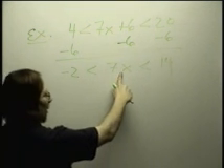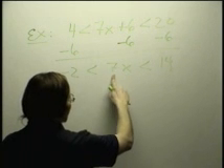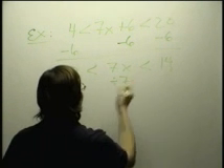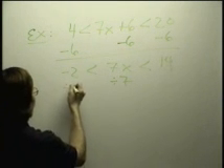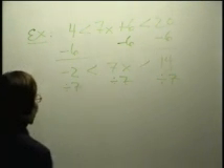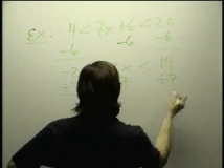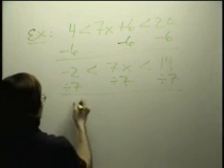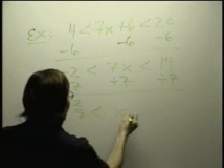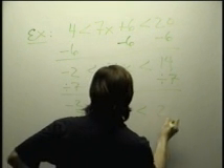Now again, here's my x. I'm trying to isolate it. It's multiplied by 7, so I've got to divide by 7. Meaning I'm going to have to divide all 3 parts by 7. And so the result is -2/7 is less than x, which is less than 2.